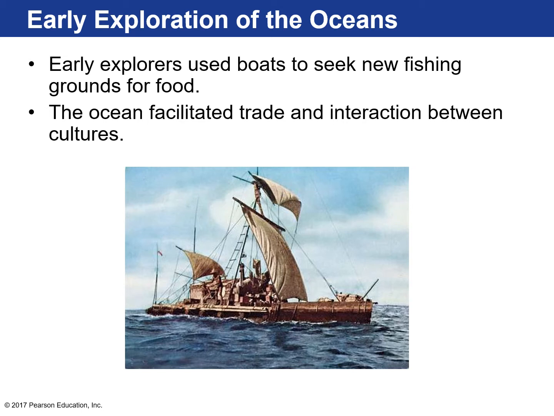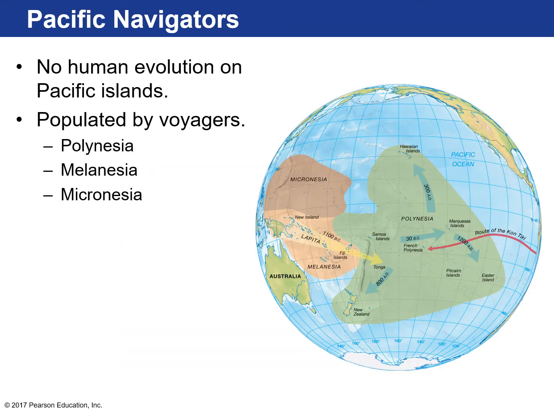It also was very advantageous for trade and movement, right? Once people figured out that they could build vessels and take advantage of currents and wind patterns, all of a sudden you didn't have to walk all the way to go check out your friends in a different town. You could just drift or let the current take you or the wind blow you, right? So the ocean really facilitated a lot of trade and interaction between the cultures. So that's why that was very prominent early on in human history.